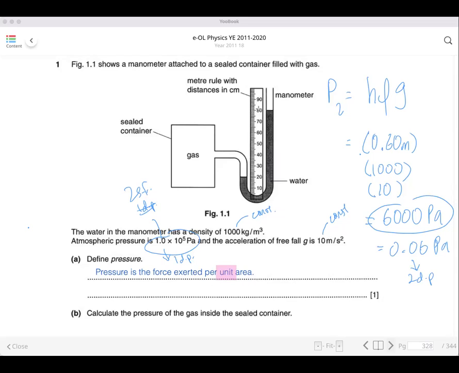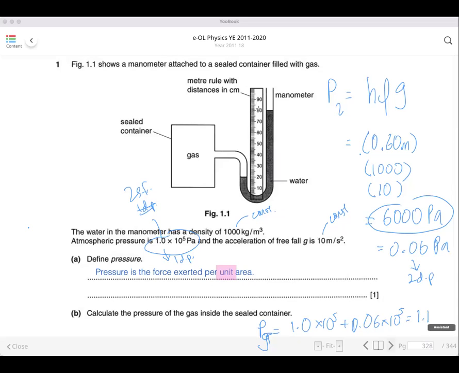So the total pressure of the gas will be equal to 1.0 times 10 to the power of 5 plus 0.06 times 10 to the power of 5.